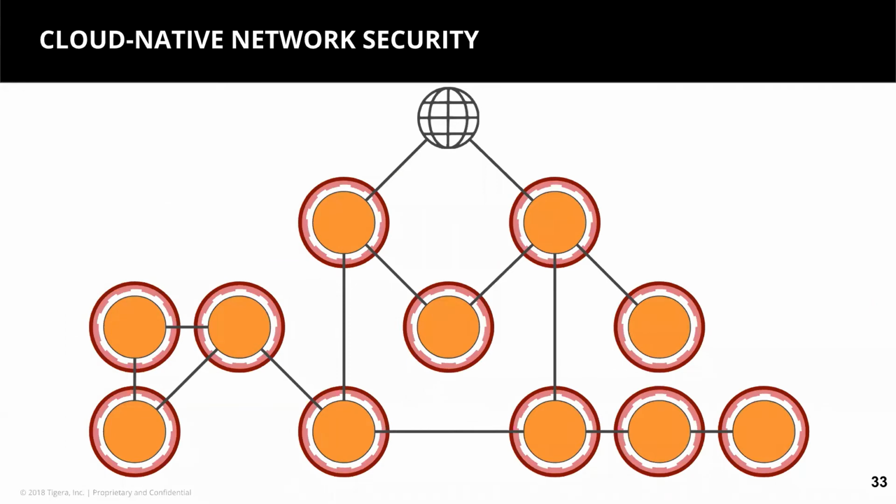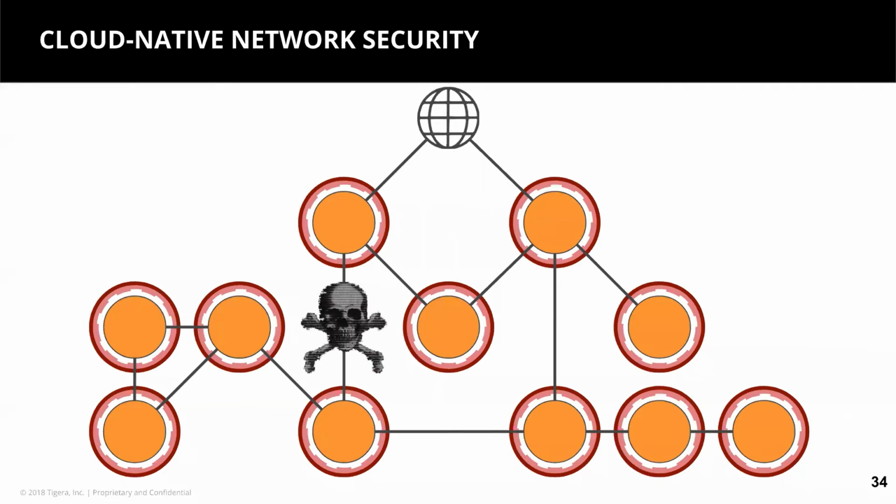That way, if we do get a threat into any one of these microservices, all of the other microservices are going to be protected. And the reality of the situation is that you're going to get a threat, right? There are only two organizations in the world: those that know they've been penetrated, and those that don't know they've been penetrated. And so our real goal here is to reduce the blast radius from a penetration that occurs.